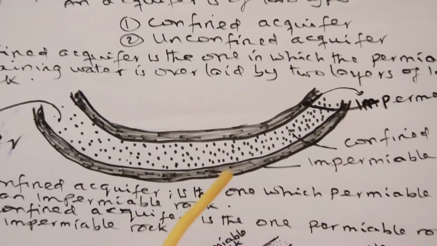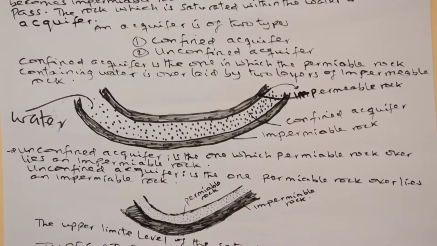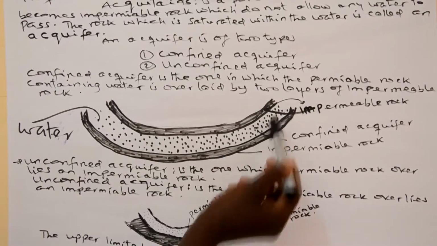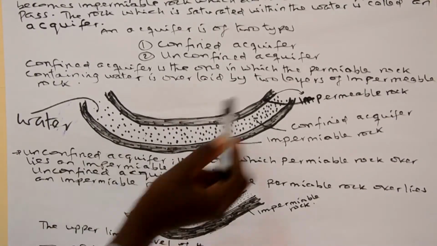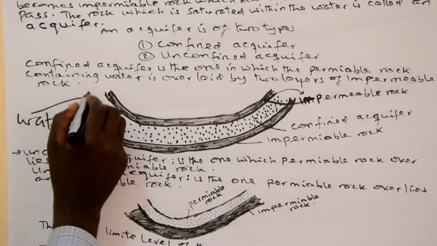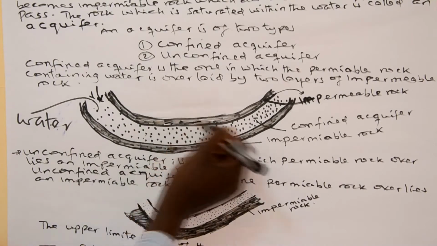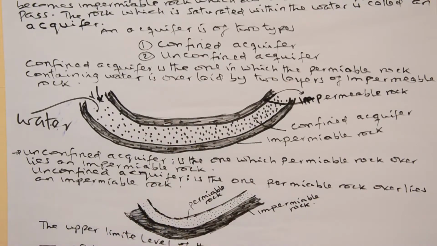A confined aquifer is one which lies between two impermeable rocks. Therefore the water can pass to the sides, because above there is impermeable rock, and below there is permeable rock which allows water to be stored, and beneath the aquifer there is another impermeable rock which does not allow more penetration of water.